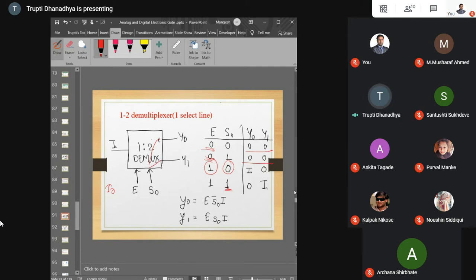So like this we get the truth table for the multiplexer and demultiplexer.